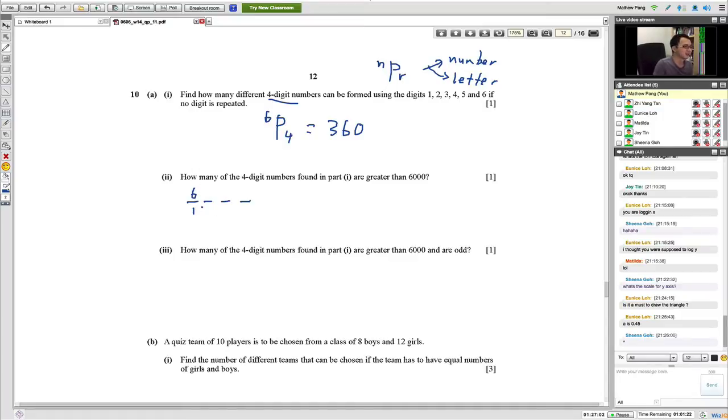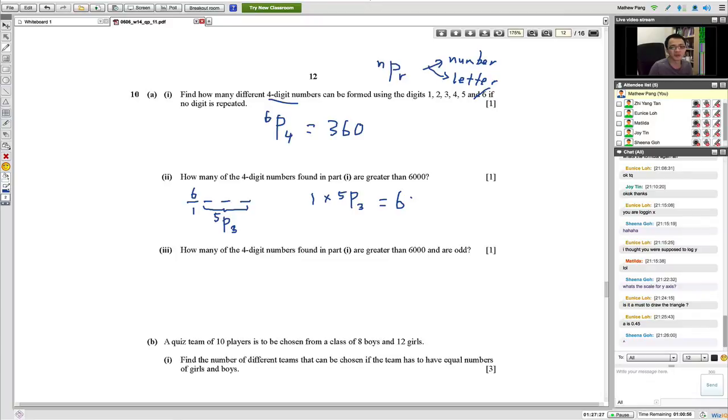Then over here, you can put any number. You still have 1, 2, 3, 4, 5, so 5 digits and you choose 3. The answer is 1 times 5P3, which is 60. All these are just 1-mark questions, so it should be okay for you.